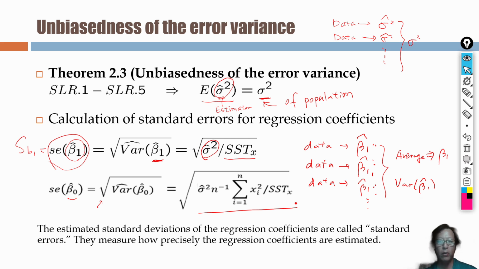If the standard error is getting smaller and smaller, it means maybe you collected a lot of data, or somehow the accuracy of the estimator is getting better and better. You will have a smaller and smaller standard deviation. So they measure how precisely the regression coefficients are estimated.